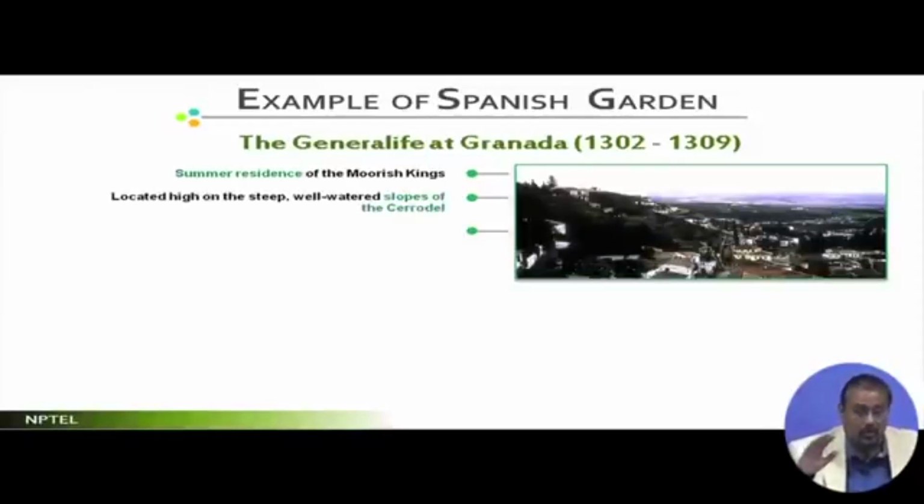So all summer residences were at higher altitudes, and it is located on the high, steep, well-watered slopes of the Cerro del Sol. What used to happen is that the snow-clad mountains, when the snow melted, that water would come down to this level. So naturally nobody had to raise the water up and then let it flow down, which has been done in some other styles of landscape.